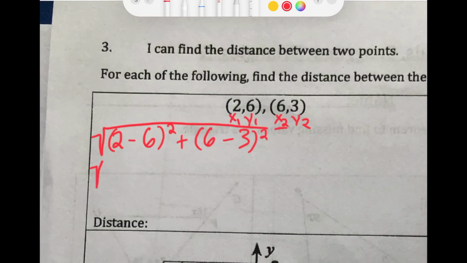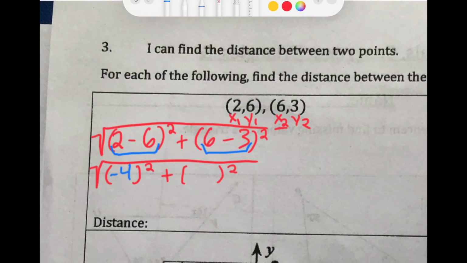My next step, I'm going to keep the big square root. I'm also going to keep the parentheses that are squared and addition on the inside. But I'm going to simplify what is inside of the parentheses. So 2 minus 6 gives me negative 4. 6 minus 3 gives me 3.